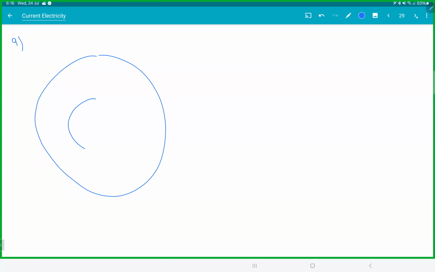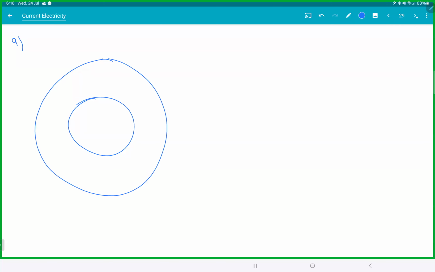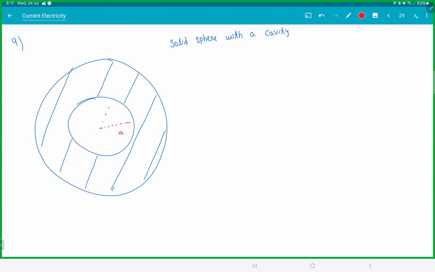We have a solid sphere with a cavity. Inner radius is A, outer radius is 2A.